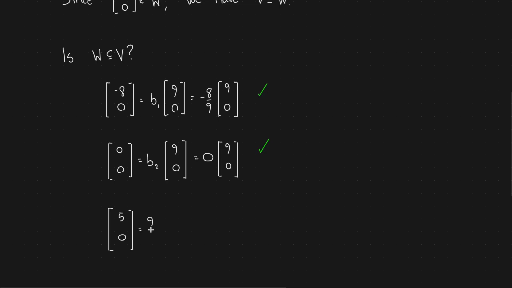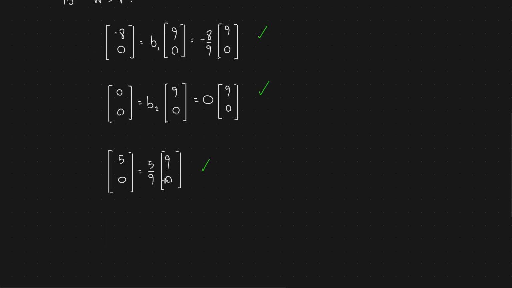So what would this be? 5 ninths, 9, 0, just to show you exactly what it is. Notice I don't even need to identify the scalars. If you can just look at it and know, oh yeah, there's definitely a scalar that will make this happen, then you're good.